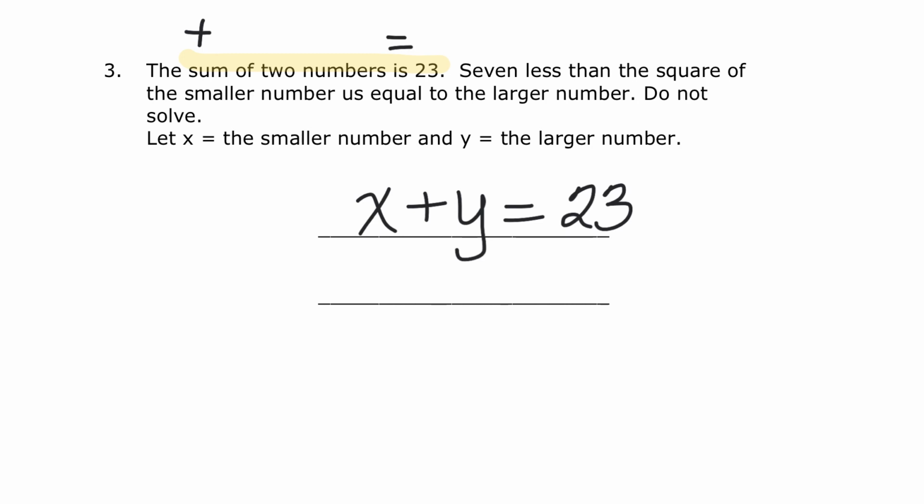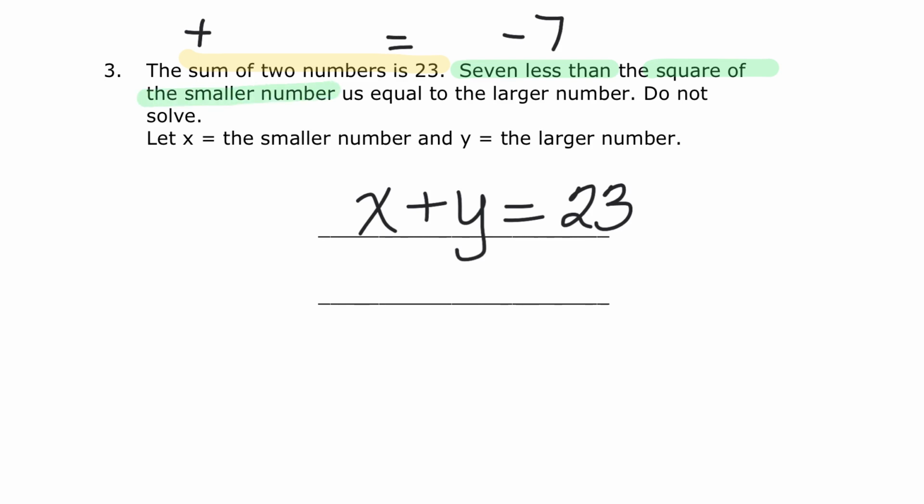The second sentence says 7 less than. Just as a reminder, when we were writing word problems previously, when we saw the words 7 less than, that makes your 7 a negative number. So 7 less than the square of the smaller number.